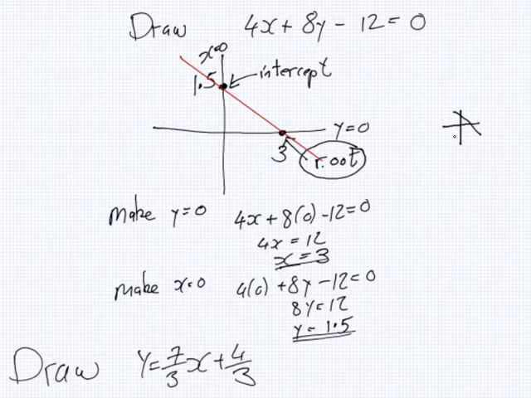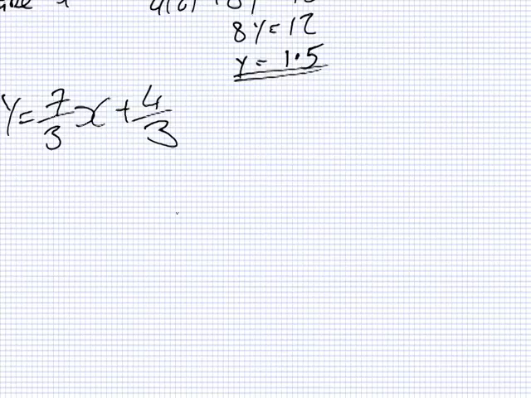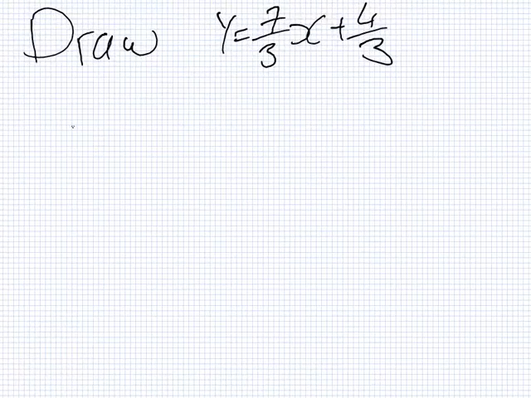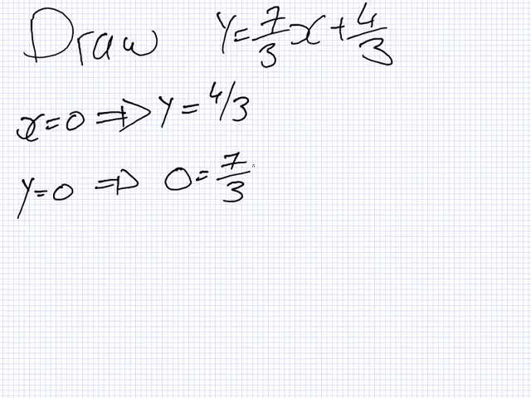Okay, let's have a look at this one. First I'll make x equals 0, and what is y going to be? 4 over 3. Now the next one's a little trickier. Y equals 0, so I get 0 equals 7 over 3x plus 4 over 3.